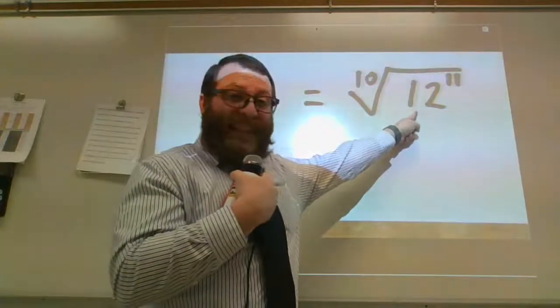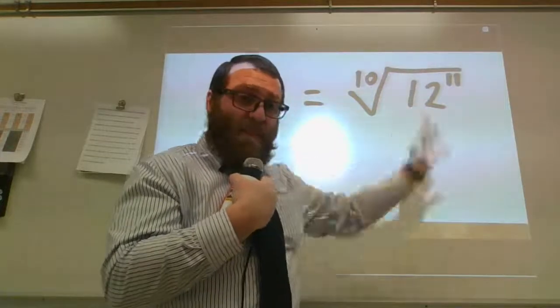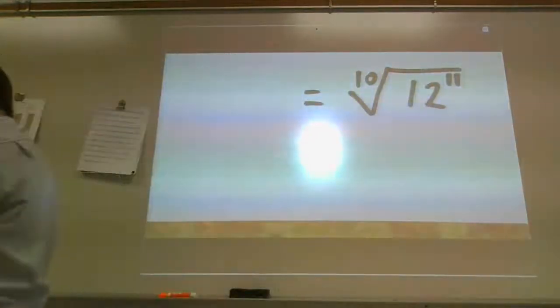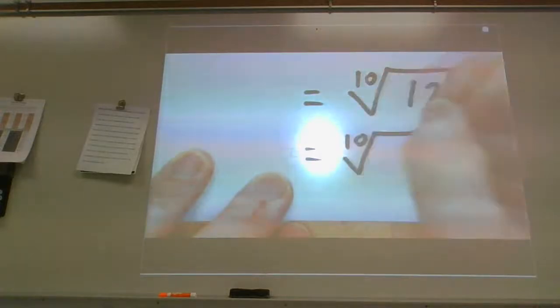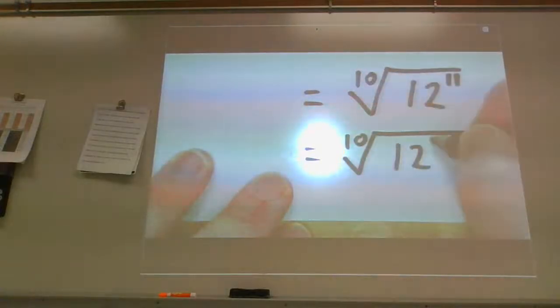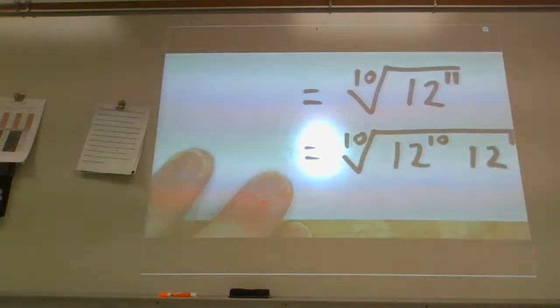This is 12 to the 11th power, meaning there are 11 of them floating around. I can split that up in order to force a 10th exponent. I can do the 10th root of 12 to the 10th power and 12 to the first power.